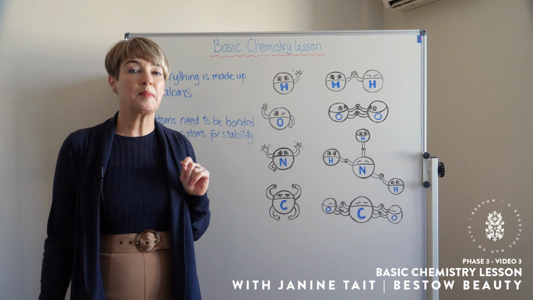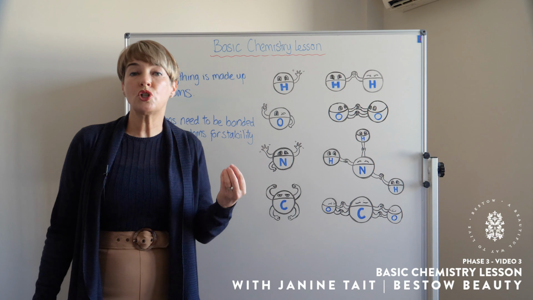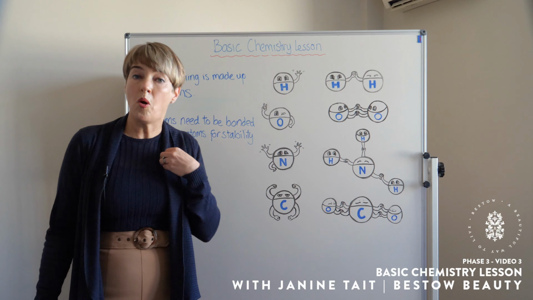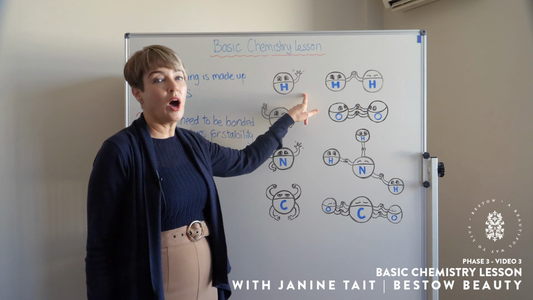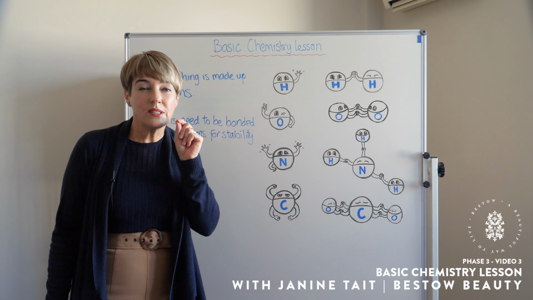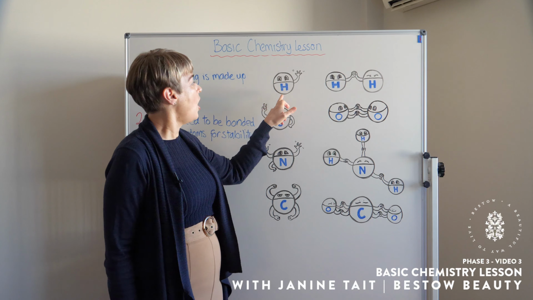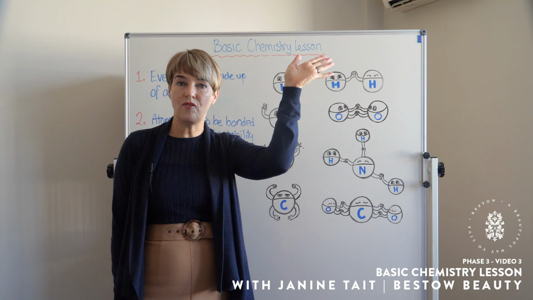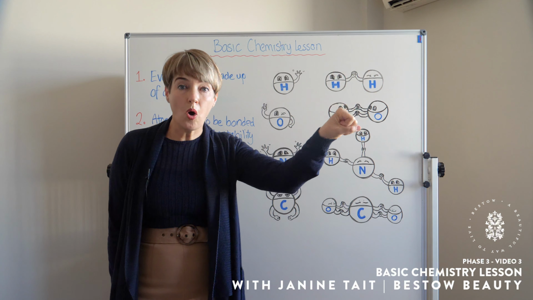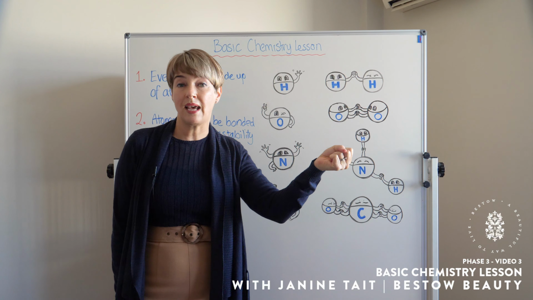So let's give you some examples of atoms that we find in our nutrition and in our bodies quite commonly. One of them is hydrogen, and you'll be very familiar with hydrogen, the smallest atom of all of the elements. Hydrogen has one hand free, so it needs to hold on to another atom with that hand in order to be stable.